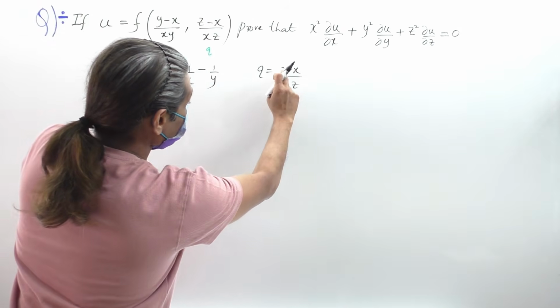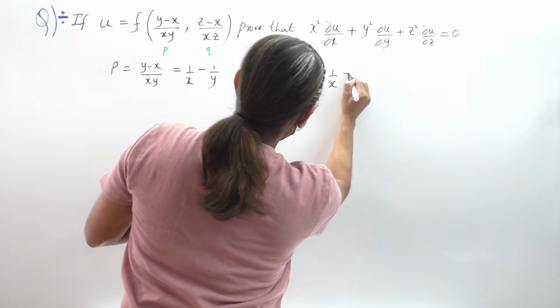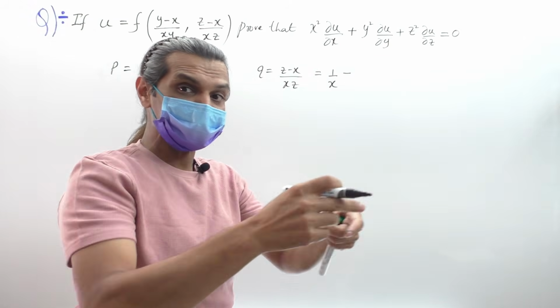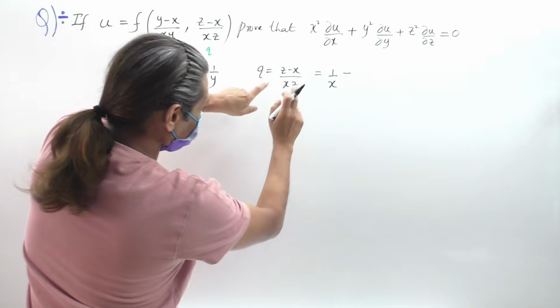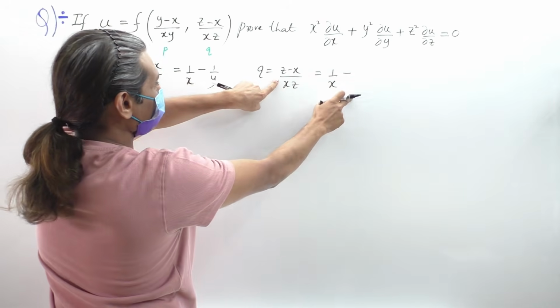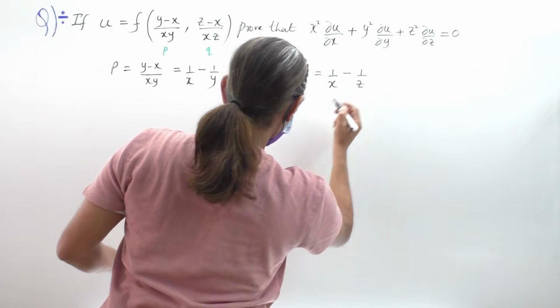Here again, z by xz, z cancels, we get 1 by x minus x by xz, because (a plus b) upon c is a by c plus b by c. Okay, simple basics. z by xz, z cancels, 1 by x minus x by xz, x cancels, 1 by z.